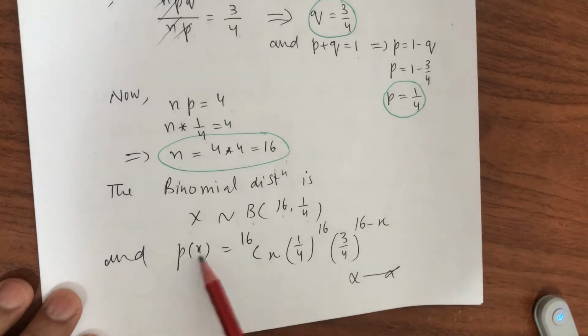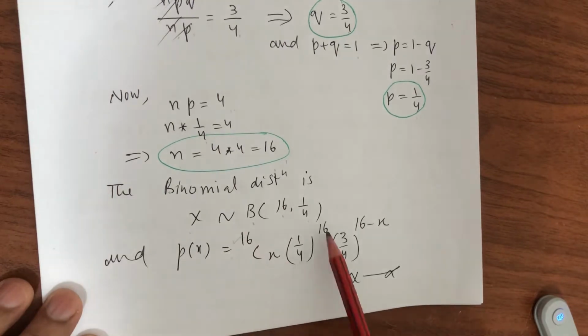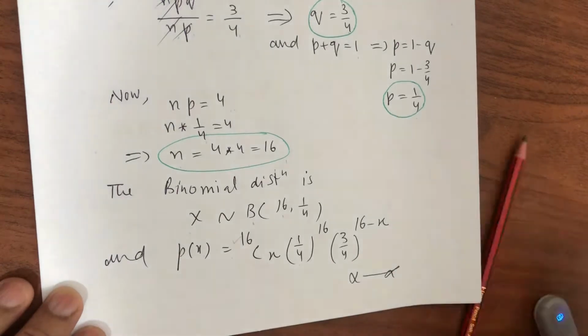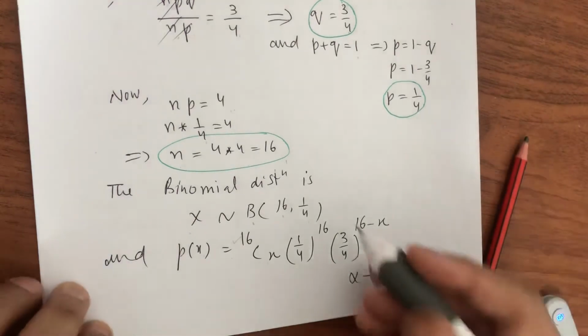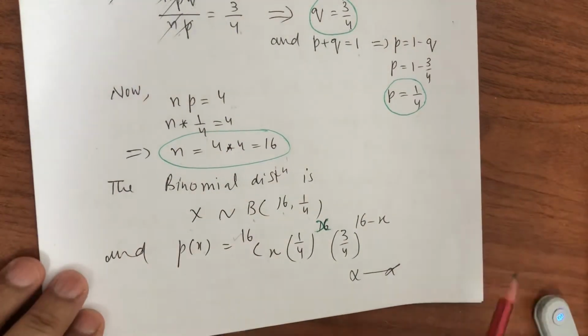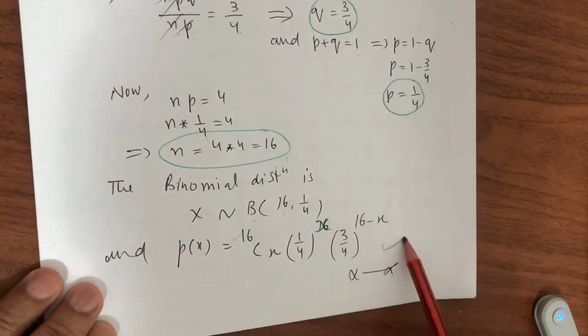I can write P(x) as 16Cx, 1 by 4 power x, and 3 by 4 power 16 minus x. This is the result.